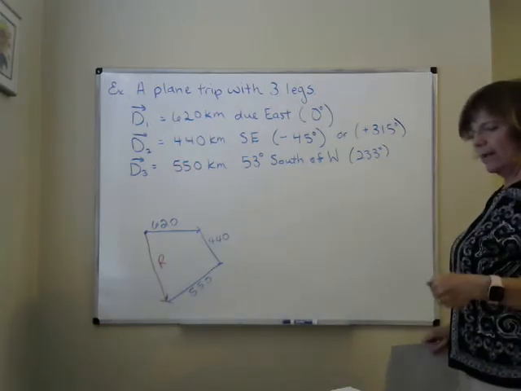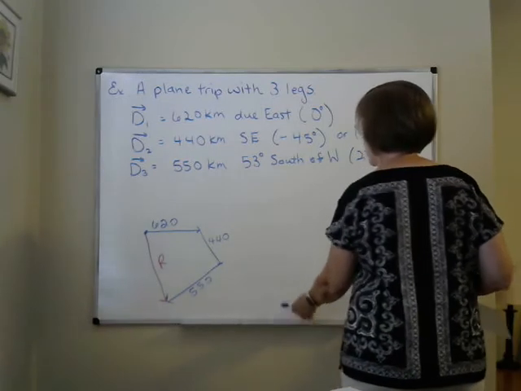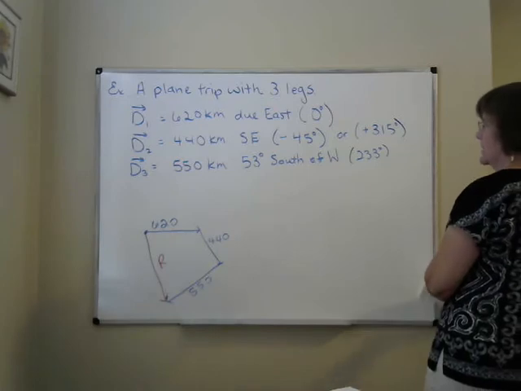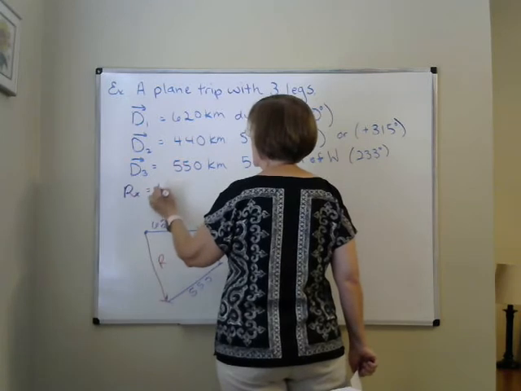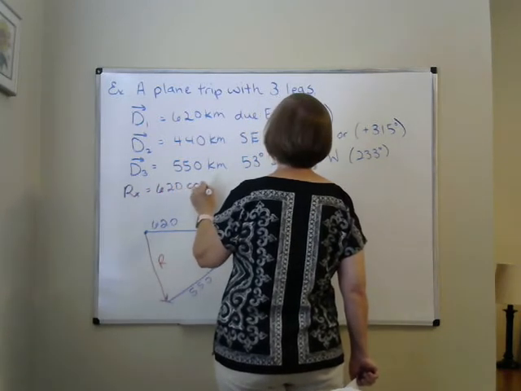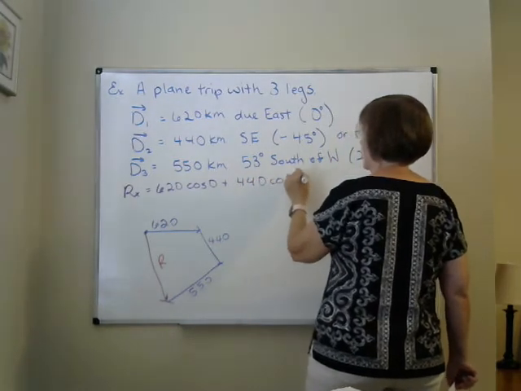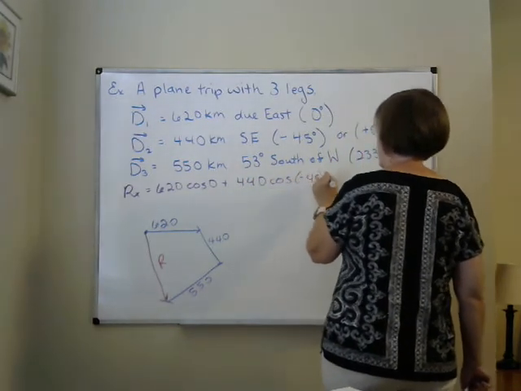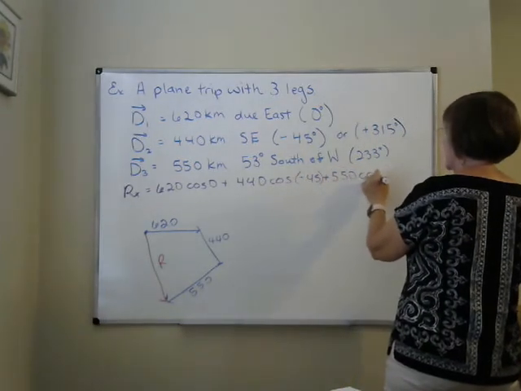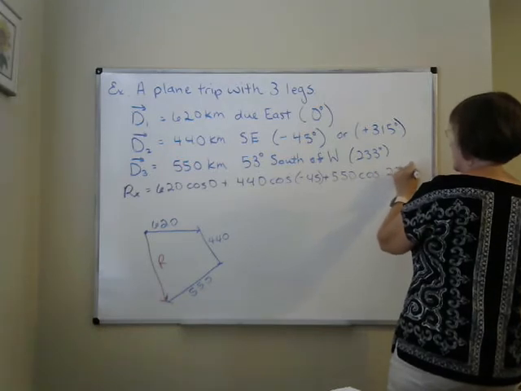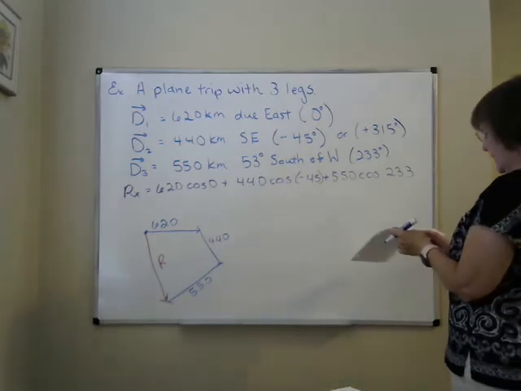All right, what do we have to do? We have to get x and y components. We have to add up all the x components and all the y components. So, our x: 620 cosine 0, 440 cosine negative 45, 550 cosine 233. Once I do that, I'm going to put all that in my calculator.